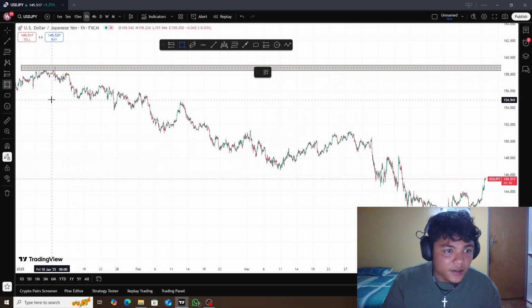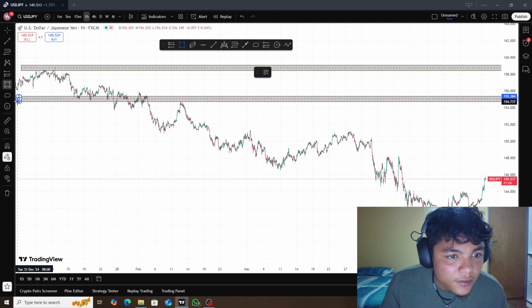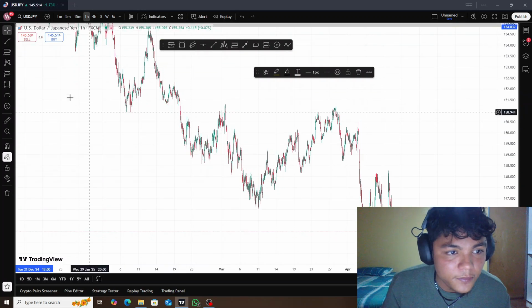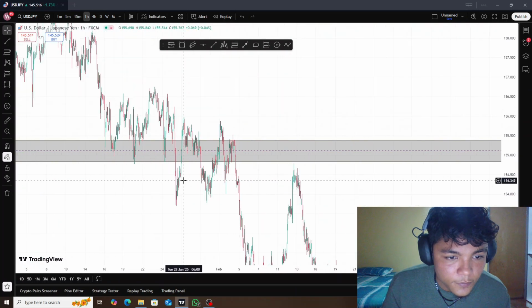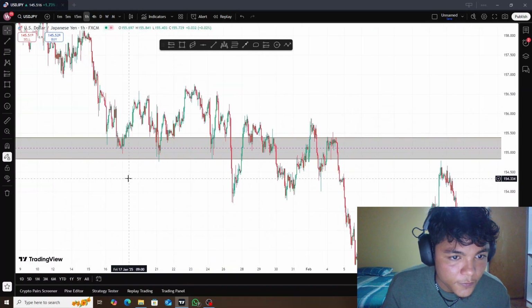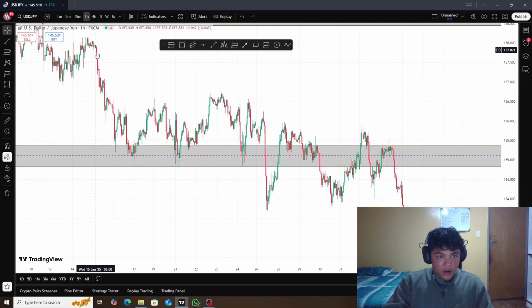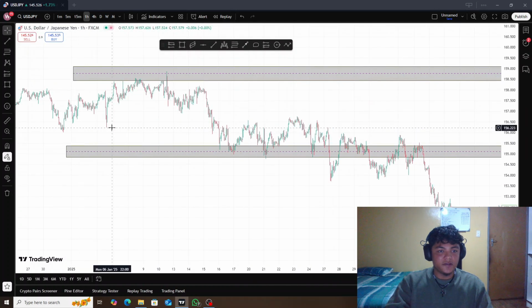So something here pushed the market up. Just to give you a clear view, the market came down, and something here pushed the market up again. So this would be support, and this would be resistance.